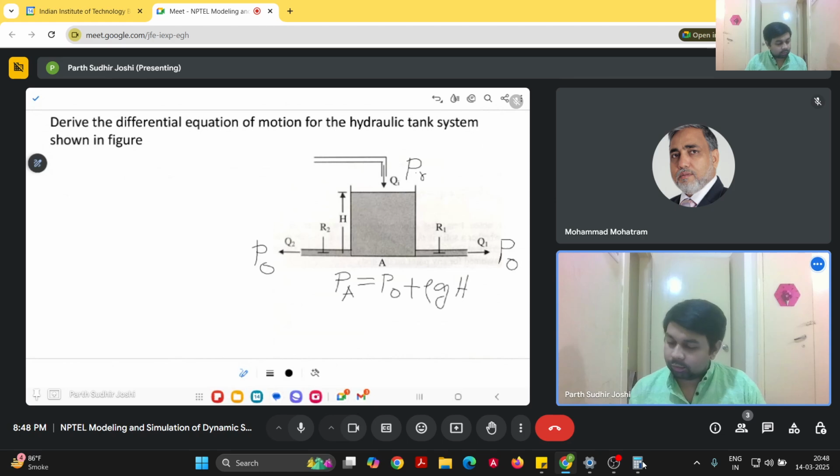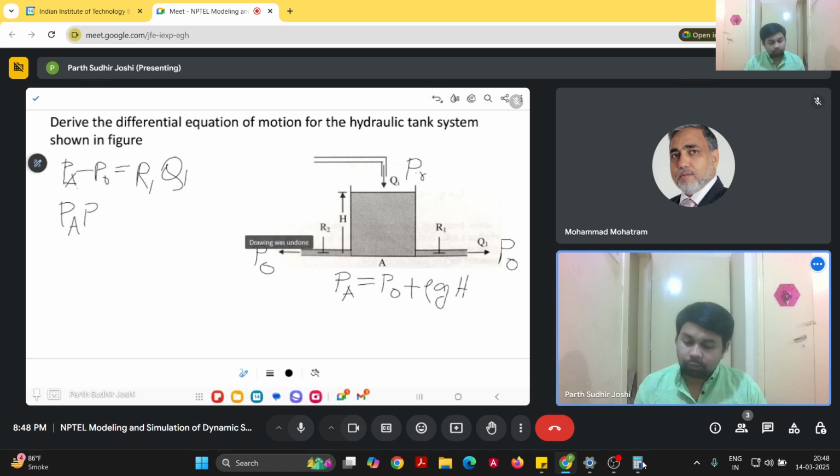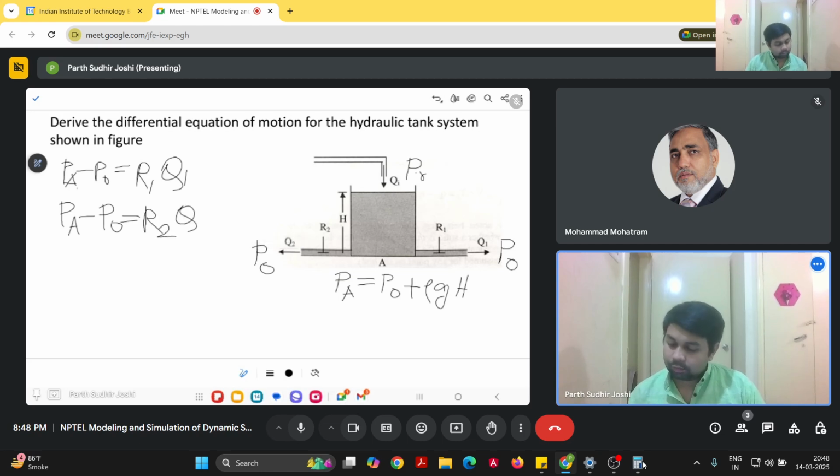That is basically PA minus P naught, or atmospheric pressure, is equal to R1 Q1, and similarly PA minus P naught is R2 Q2, which is rho gh.